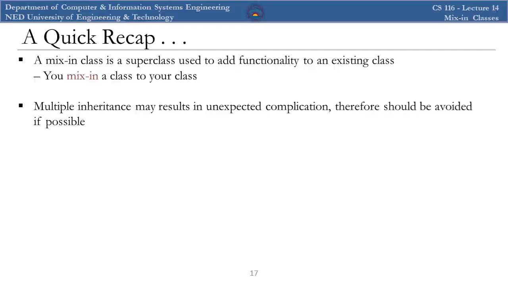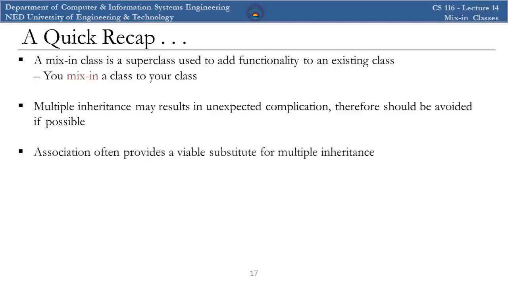The second thing we discussed is that multiple inheritance is usually discouraged by programmers, because sometimes it causes unexpected complications, and the most preferable way to replace multiple inheritance is association. Now you see, the example we did today is not a very complicated one. So here association is working fine, and multiple inheritance was also working fine. So again, it's the designer's choice whether to choose multiple inheritance or association.